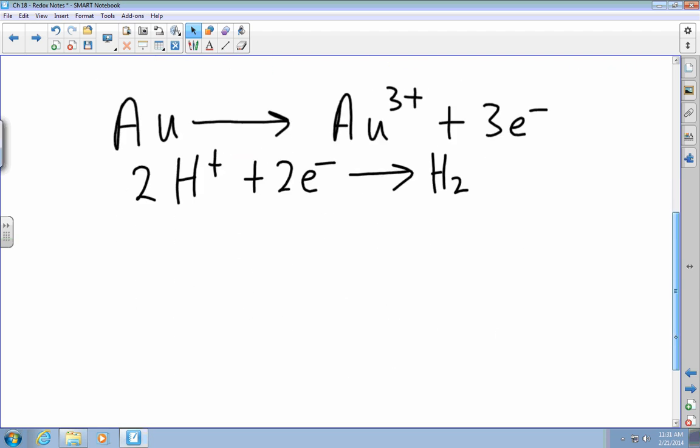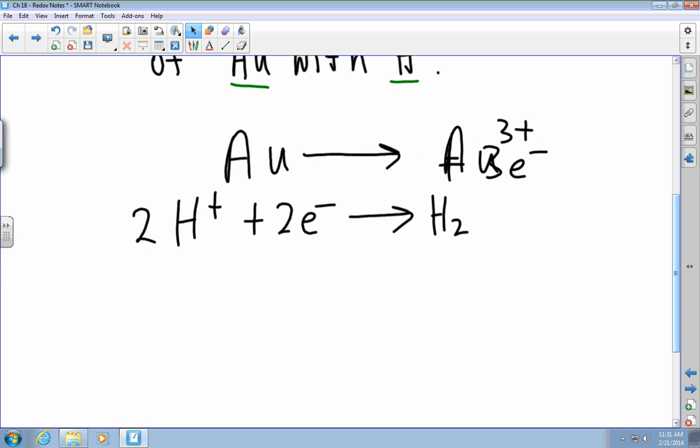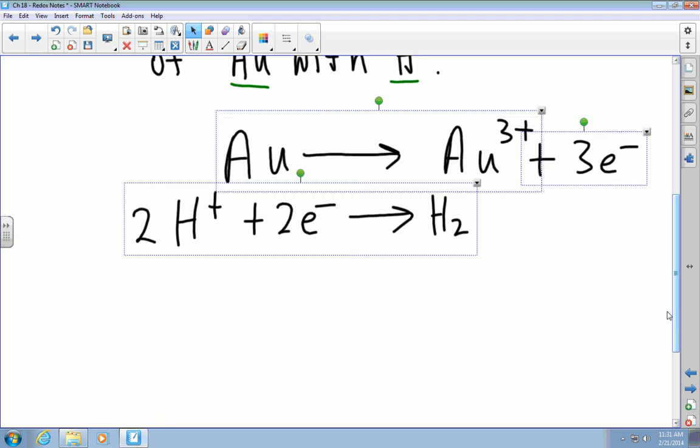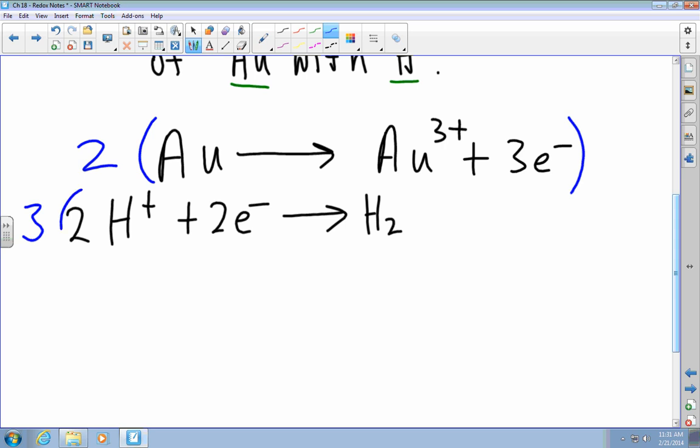Now, again, we need to have the same number of electrons lost as gained, and we have 2 and 3. So how can we get the same number of electrons lost and gained? Right, so we'll multiply the first equation by 2, so that will give us 6 electrons lost, and the second equation by 3, and that will give us 6 electrons gained.